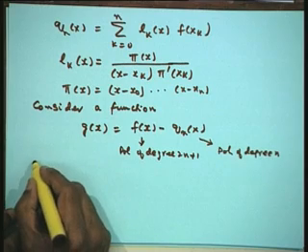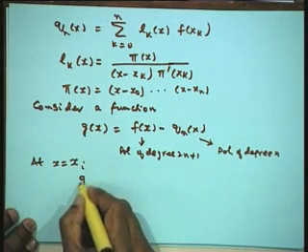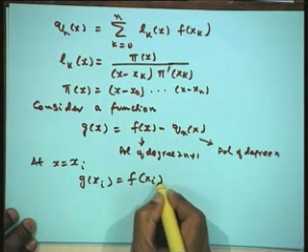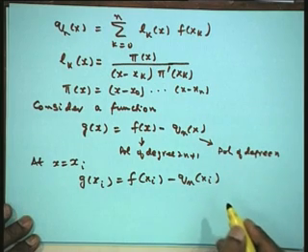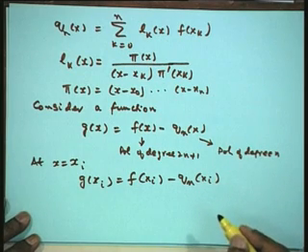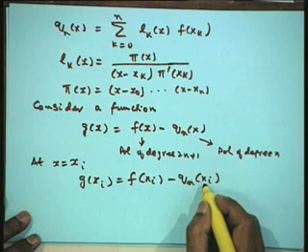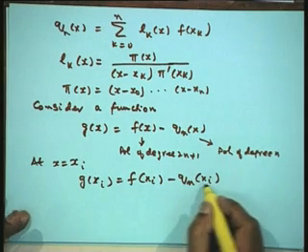What happens at x equal to x_i? I will have g(x_i) equal to f(x_i) minus q_n(x_i). Now q_n(x) is a Lagrange interpolating polynomial interpolating the data, and hence it is exactly equal to f(x_i).